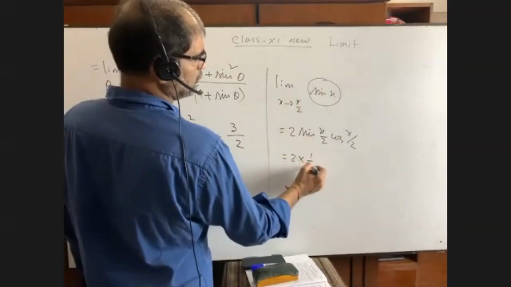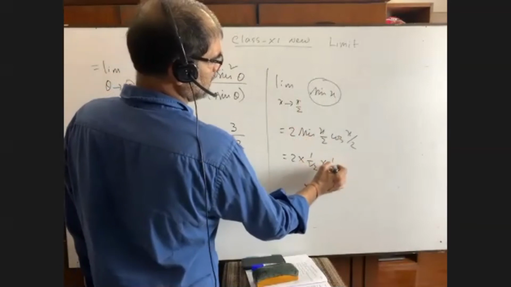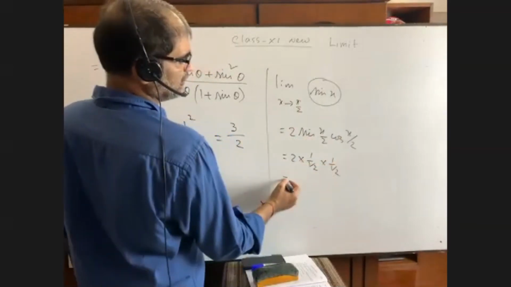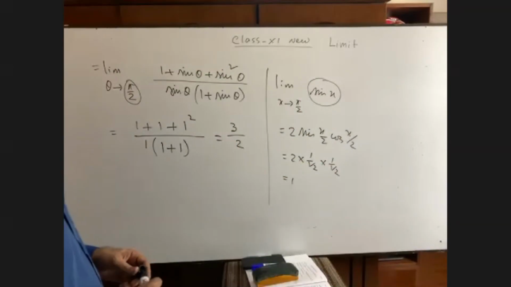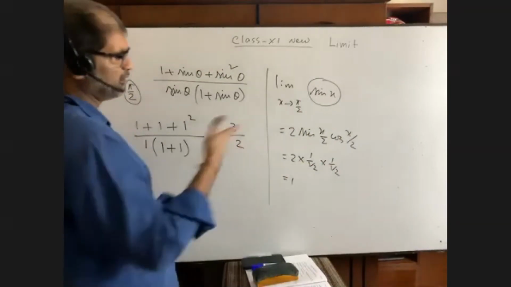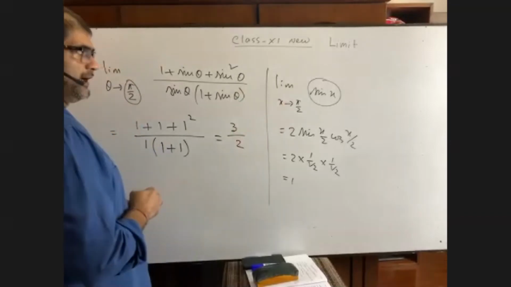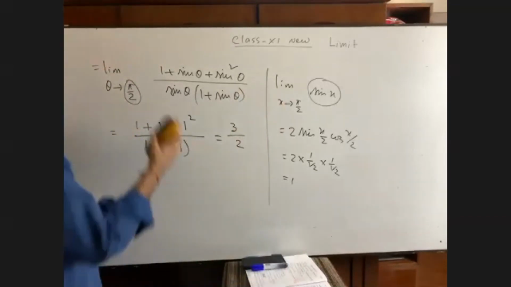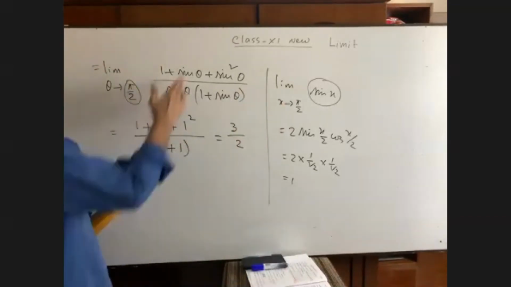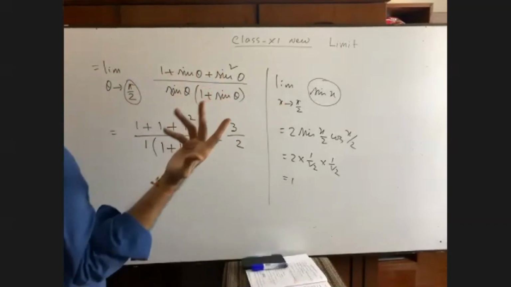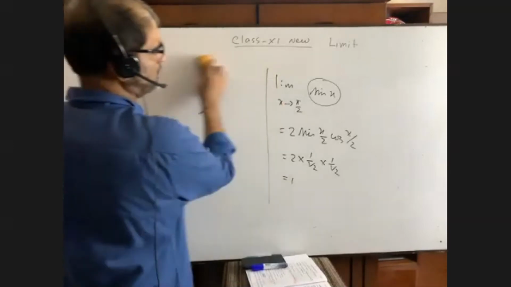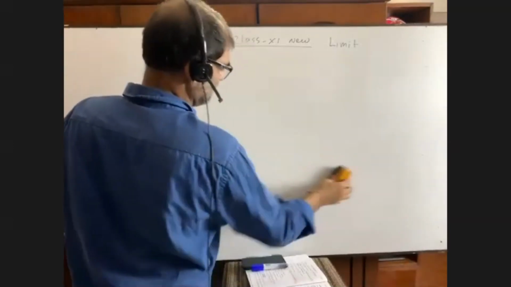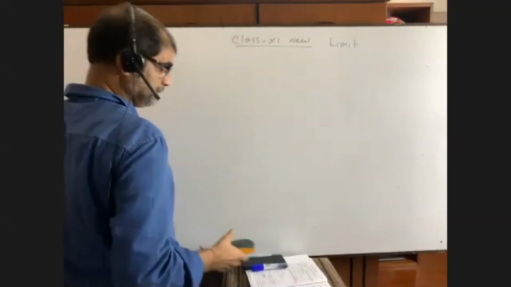It is 1 by root 2 into 1 by root 2, so our answer is also 1. Same thing. Have you got it? When you get a scope, you will put the values. From here, we can put another formula, but we will get the same answer. I think you have got it, right?